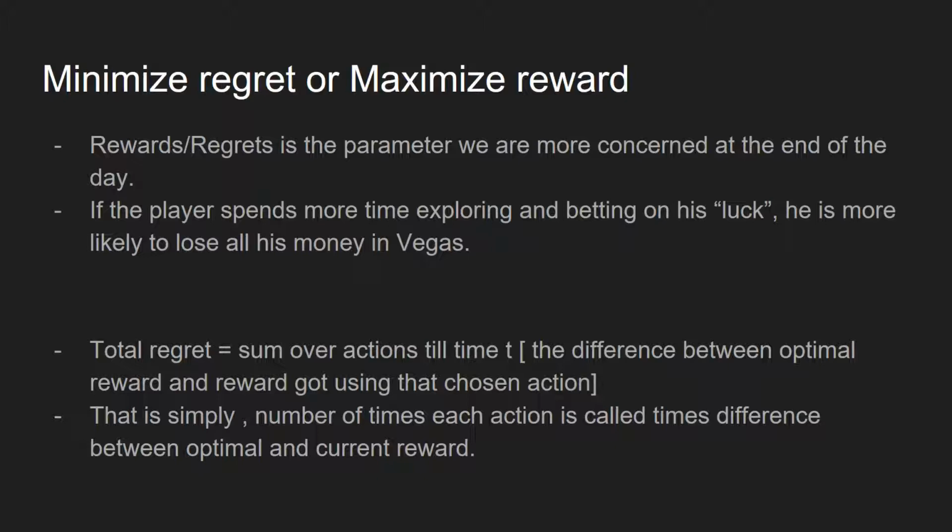Total regret is calculated as, for the total actions taken till time t, the sum of the difference between the optimal reward and the reward got using the chosen action at that time before t. But the problem is, we don't know which is the optimal action. Without knowing it, how can we calculate the maximum reward? All the algorithms that we are about to see from now on will try to solve the multi-arm bandit problem by using some greedy heuristic or some bounds so that we might get a maximum reward.